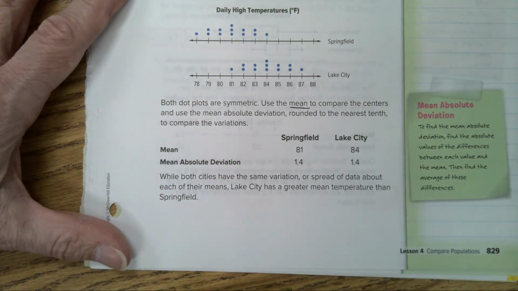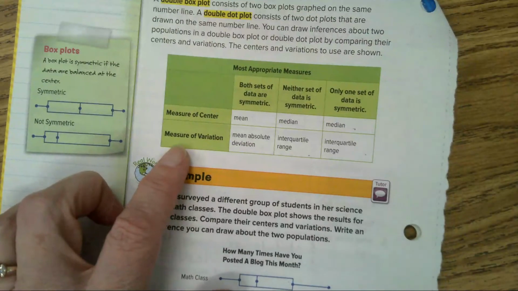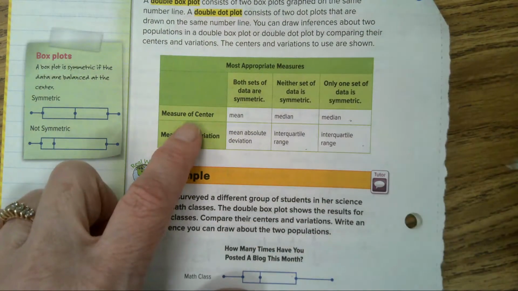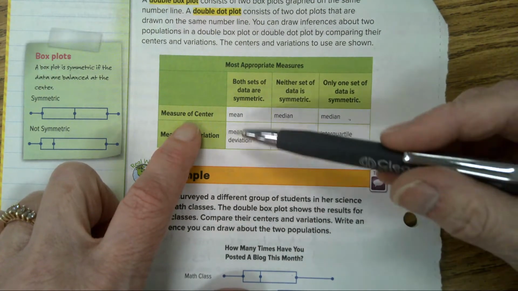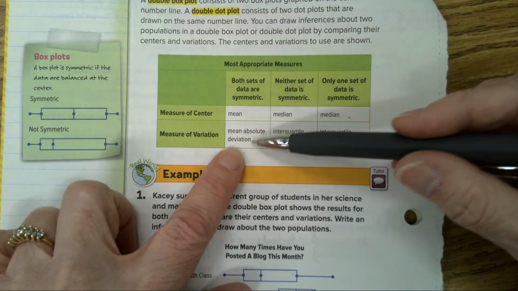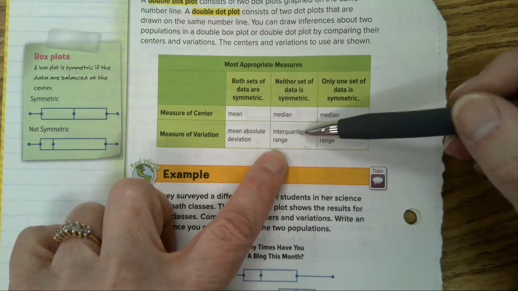All right, question. Why would you want to find the interquartile range or the mean absolute deviation? Okay, on the previous page, measure of variation. That's when you use these. The measure of center, mean, median, or mode are measures of center, and measures of variation are mean absolute deviation and interquartile range.